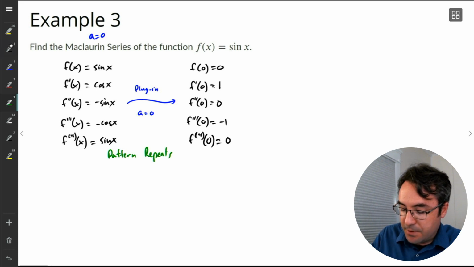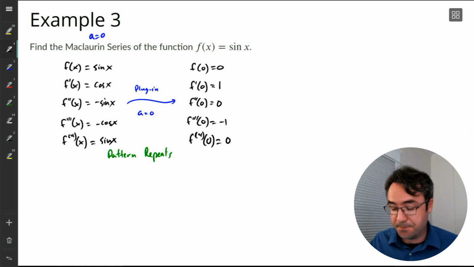All right, so let's write out the Maclaurin series, the general formula.